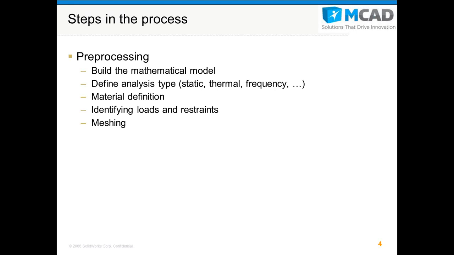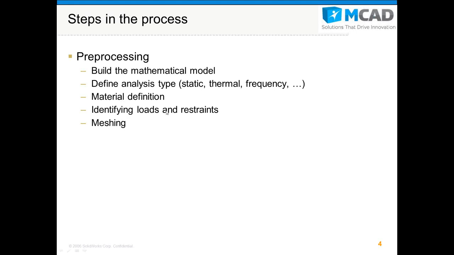The next step would be to define the analysis. Whether it's a linear static analysis, thermal analysis, frequency, whatever it may be, that's the next step. Material definition, I've got this listed as the third step here, but this can also be defined within SolidWorks, even before the analysis.